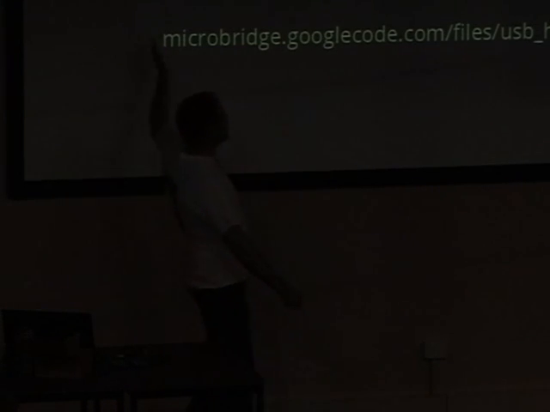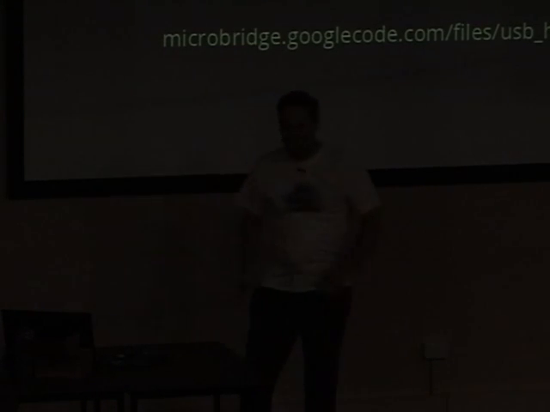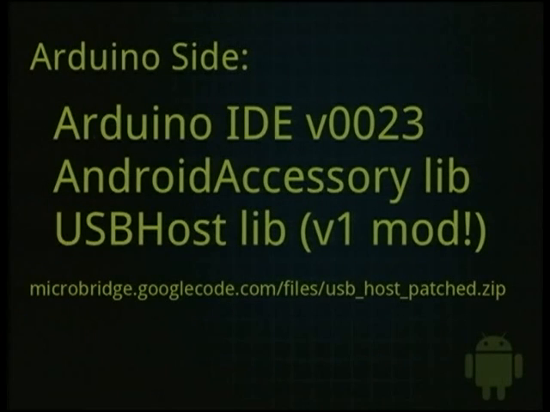Well, now you can read this and then we'll turn it back on again. That's an improvement. So the reason that there is a patched version is that it changes the port mappings and adds support for the microcontroller that's on the Uno, the USB Droid, and the other smaller size boards.